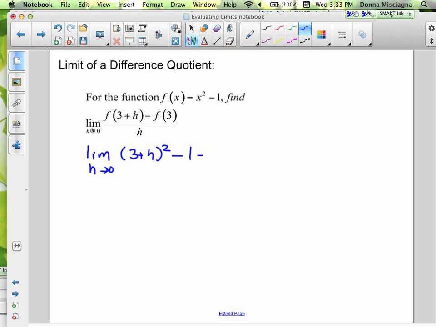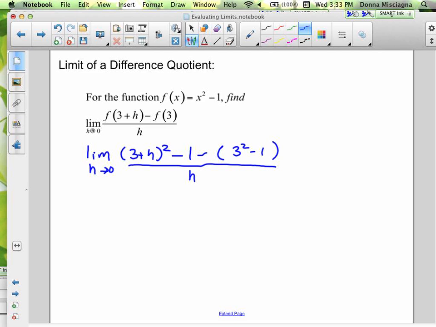And then minus, I'm going to use parentheses so that I remember to subtract everything. We're going to plug in 3 now where we see an x, so that'll be 3 squared minus 1. The first part of that equation is f of 3 plus h, and the second part is f of 3, and then we're dividing by h.